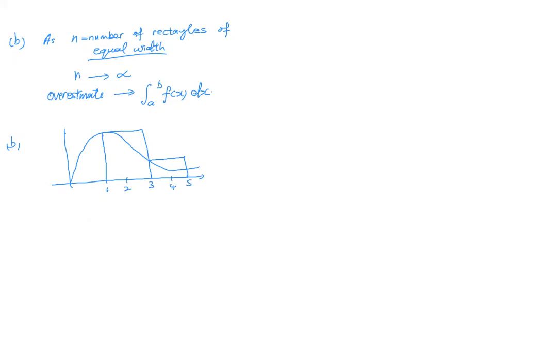So they want you to do an overestimate. So what you need to do, every time when you do this type of question, is you get your GC, you key in your Y1 as x e to the power negative x, right? So then you say this is your y equal to x e to the power negative x, and you label in your answer as this is your y1.